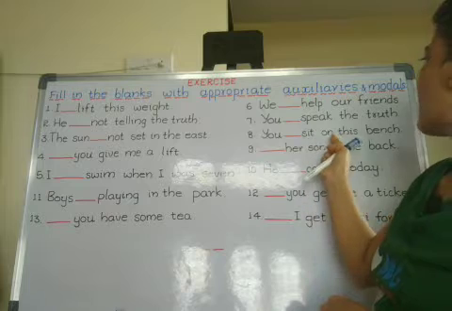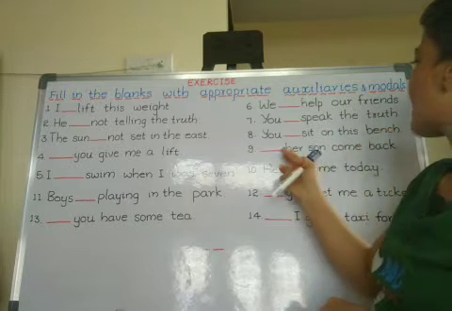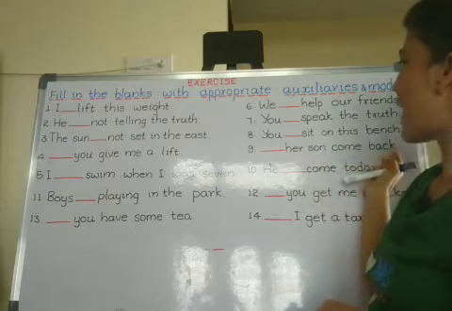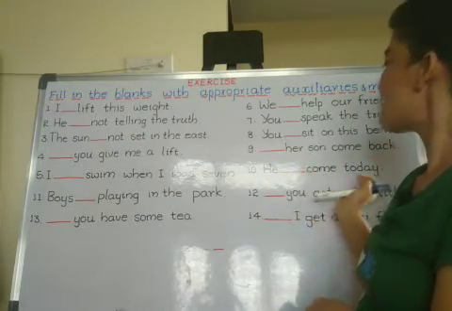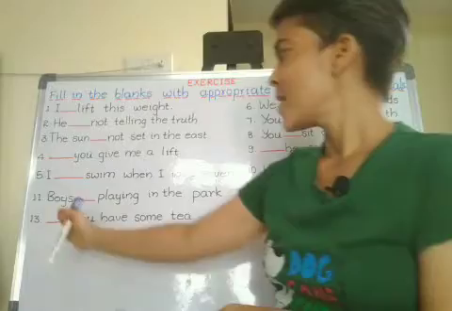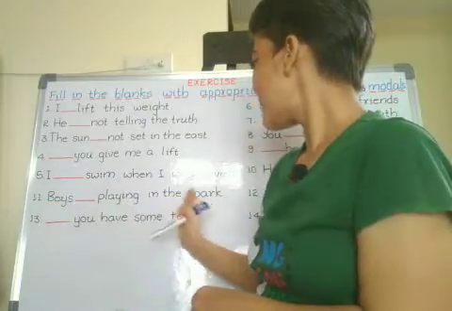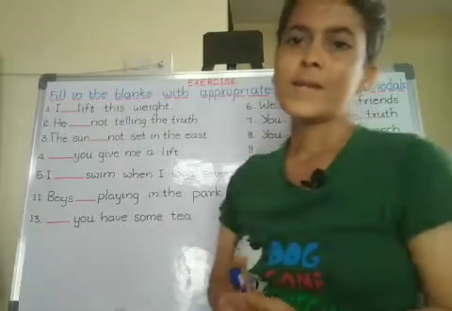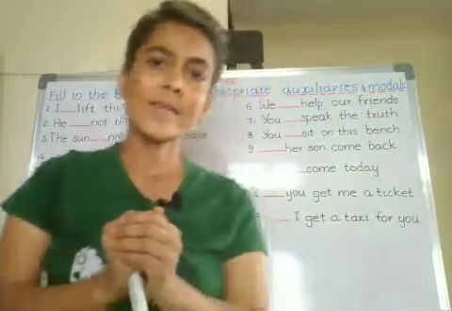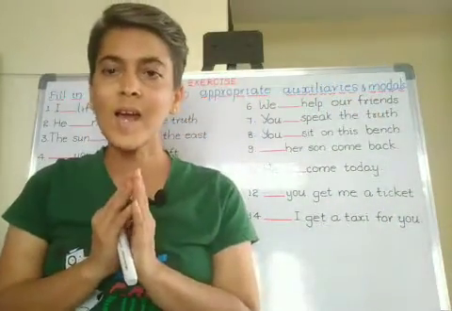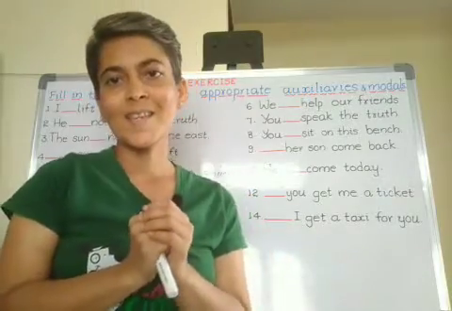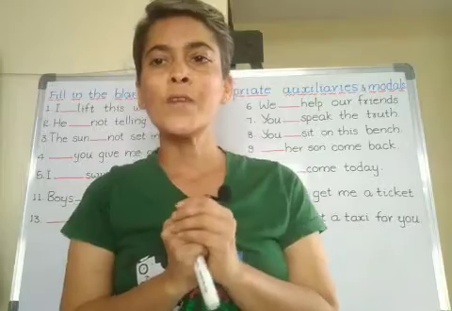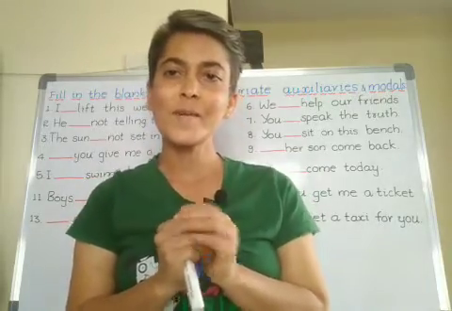You sit on this bench. Does her son come back? He come today. Boys playing in the park. You have some tea. Here are missing auxiliaries and modals. So you try to fill those auxiliaries and modals.